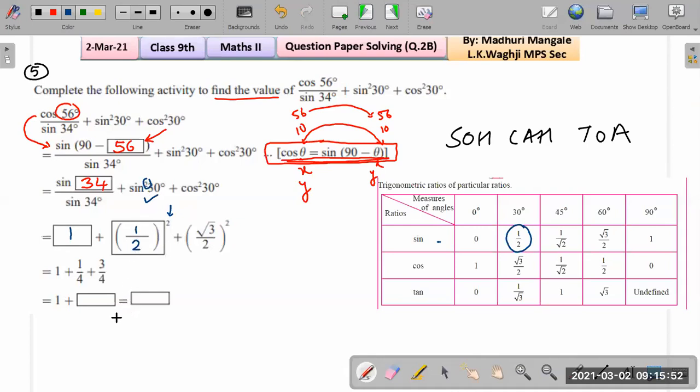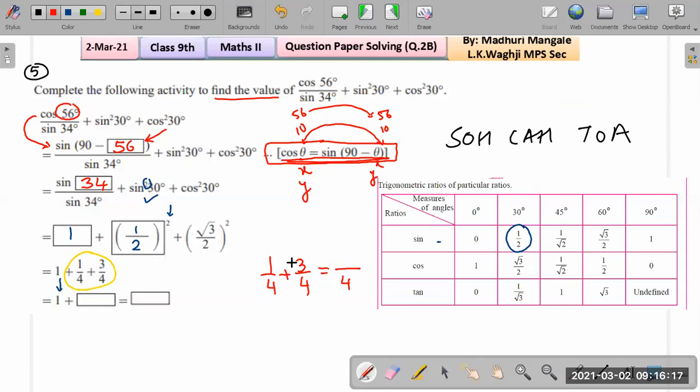Now they have solved everything. We just need to solve the second part. 1 is written as it is, correct? That means we have to solve this part, which is adding two fractions. When we add two fractions, the denominators have to be the same, and already they are.